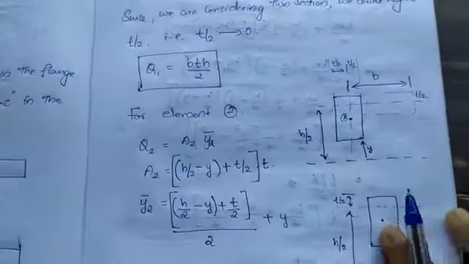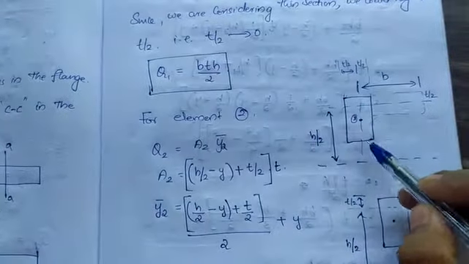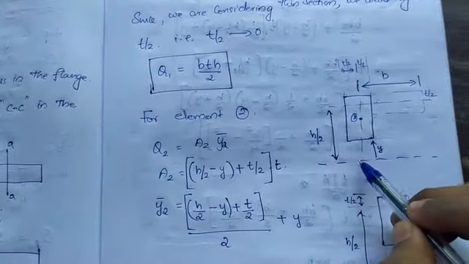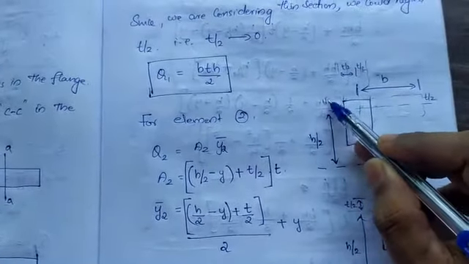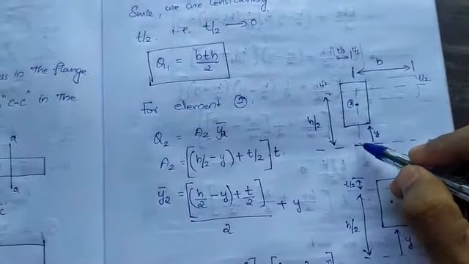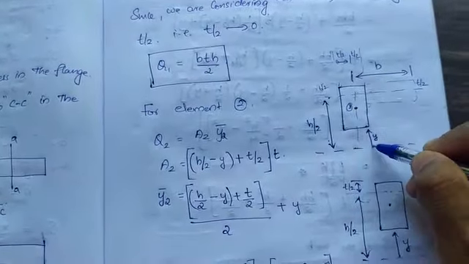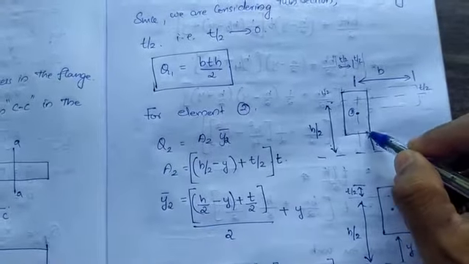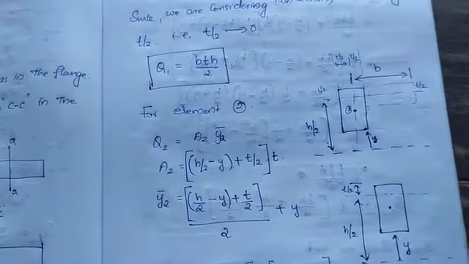Now for element 2, what happens? This is element 2. From the centroid to here, this distance is h by 2 and this is t by 2. So from that you need to know this length, right? From the centroidal axis to the CC section, the distance is taken as y.